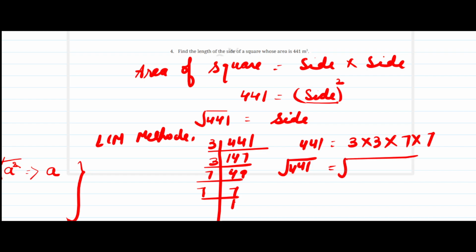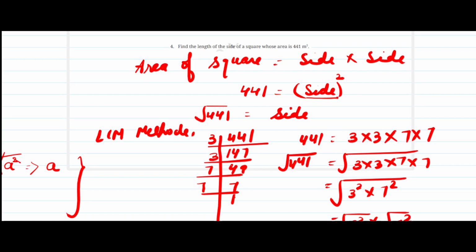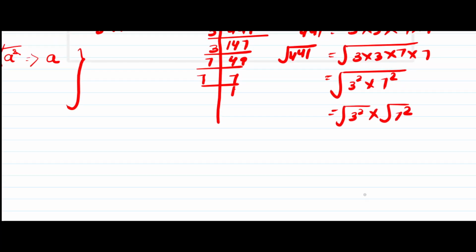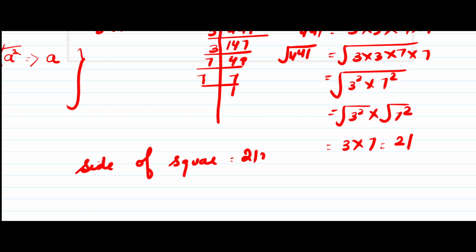That means under root of 3 into 3 into 7 into 7, which is equals to under root of 3 square into 7 square, which is equals to under root of 3 square into under root of 7 square. Okay? Which is equals to 3 into 7. The answer will be 21. So side of square is equals to 21 meter. This is clear to you?